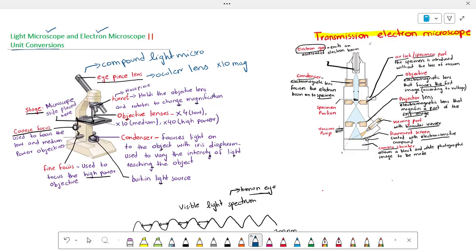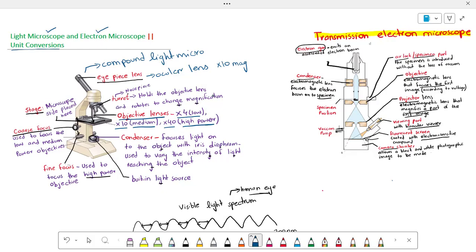Below the eyepiece lens, we have another lens called the objective lens. Objective lenses are the most important lenses because they produce the primary magnified image of the specimen. Usually, there are three types of objective lenses. The first is low power, which is 4x. The next is medium power, usually 10x. And the last is 40x, a high power objective lens.